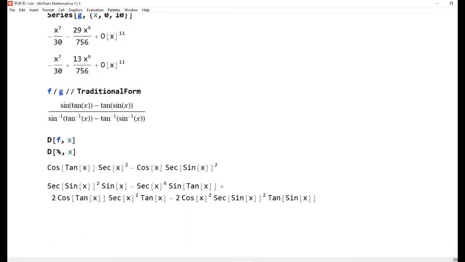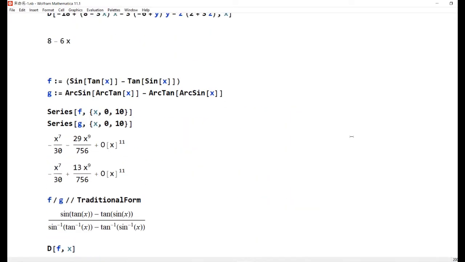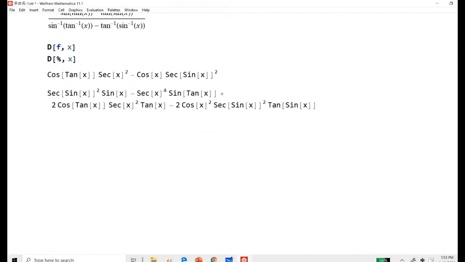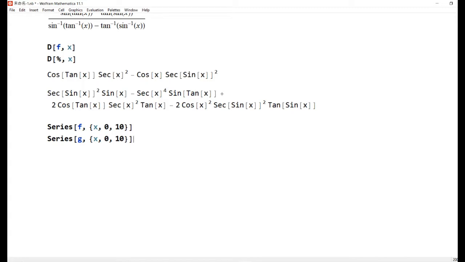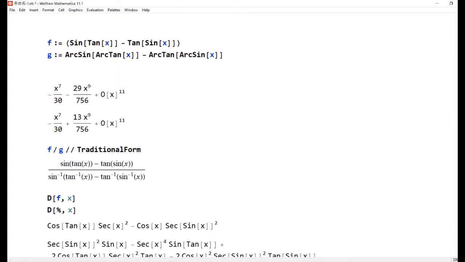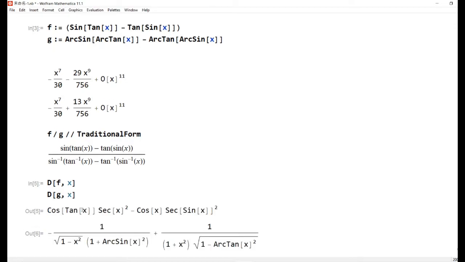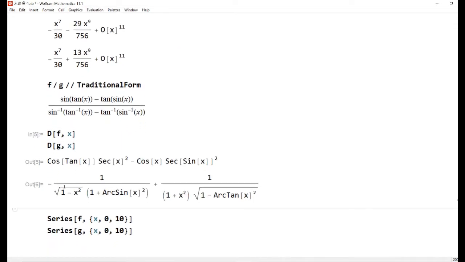Let me first remove this term, and let me show you guys. Suppose I do differentiation with respect to x of f and g. So this is f and g, right? And I do a differentiation, and you see this is the answer.